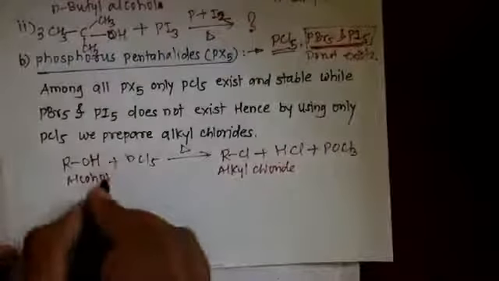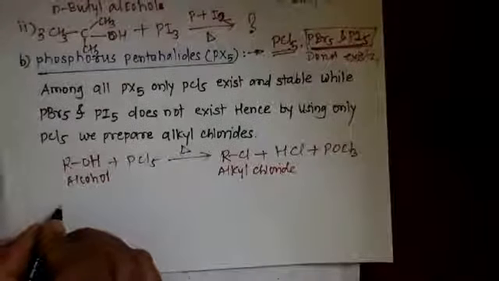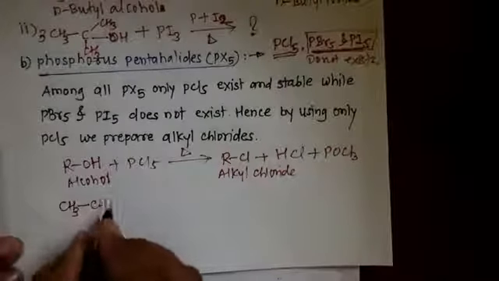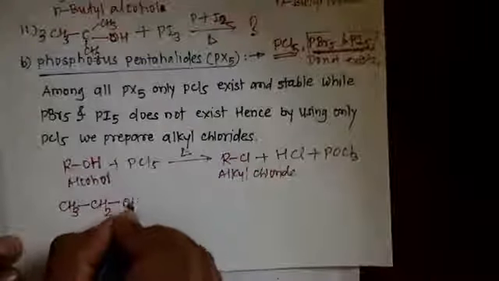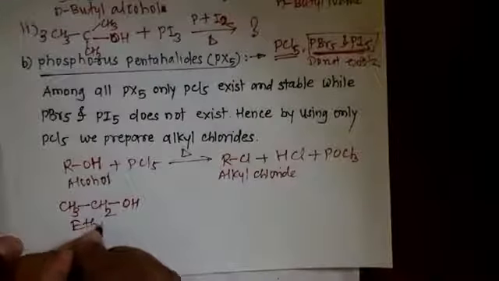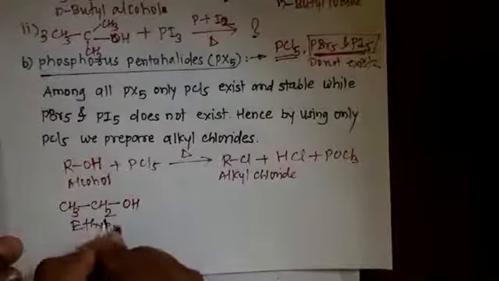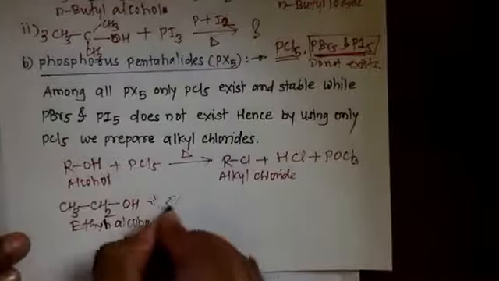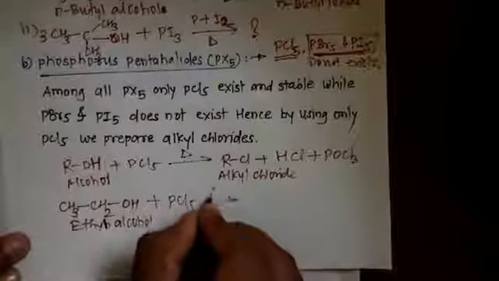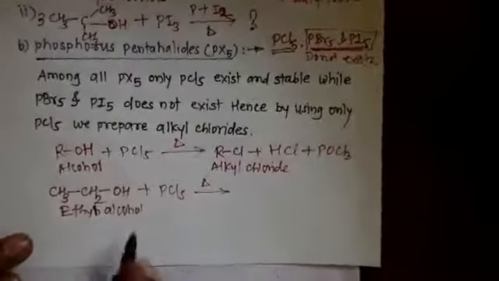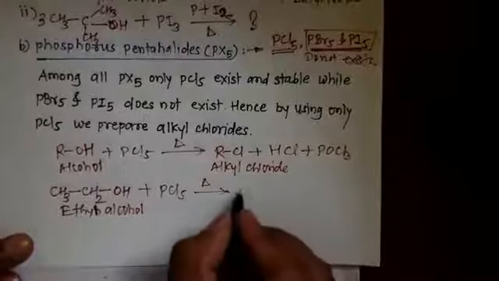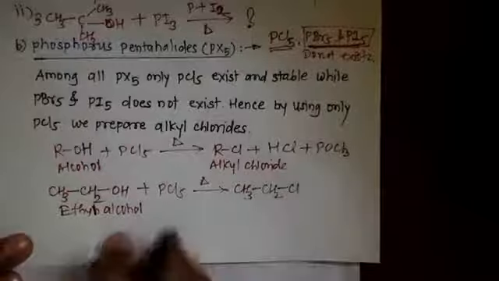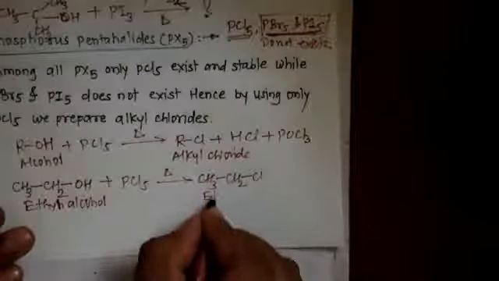Now take the example: when ethyl alcohol or ethanol reacts with PCl5, it gives ethyl chloride or chloroethane.